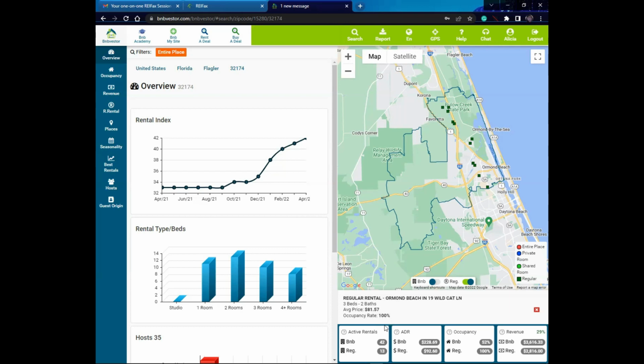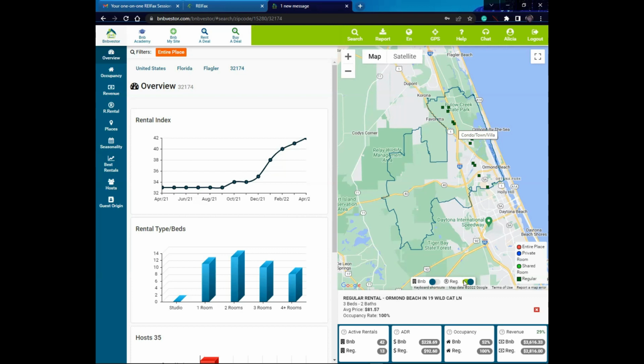Well, no, the occupancy rate in this case, 100%, is because this is a regular rental. So if you take a property that is being leased for a year, of course, the occupancy will be 100% because the lease is for the whole year. So it's, let's say, booked for the whole year.